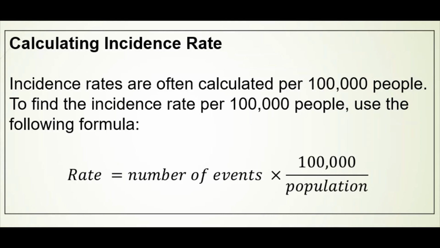But when we're talking about incidence, these rates are often calculated per 100,000 people. So to find the incidence rate per 100,000 people, we're going to use this formula. The incidence rate is equal to the number of events times 100,000 divided by the total population.